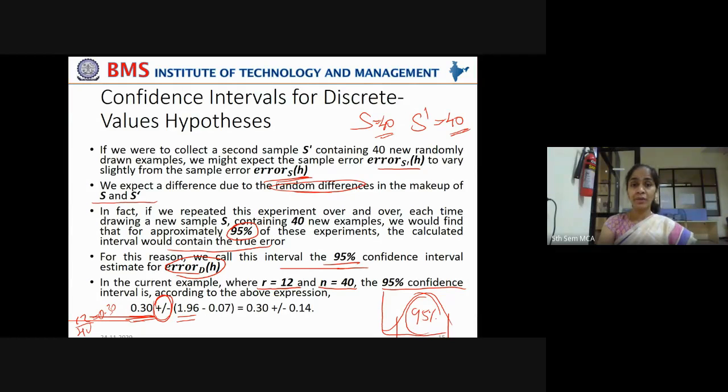I'll tell you how the critical value is calculated. Okay, just remember that this is the critical value Z, 1.96. How is this 0.07 calculated?